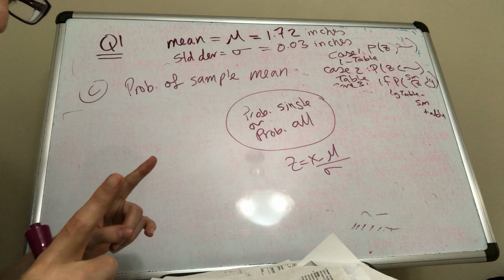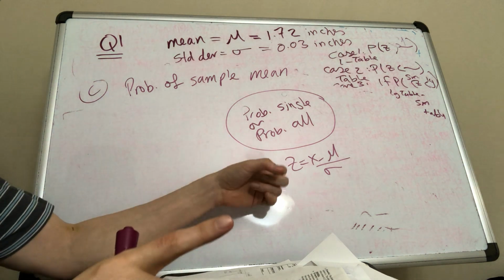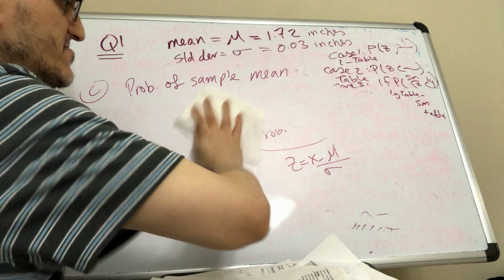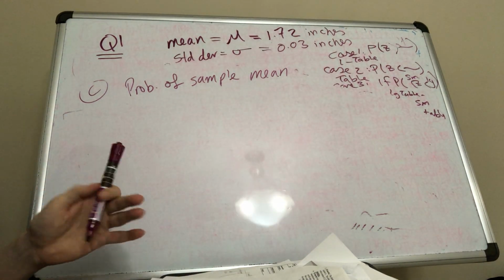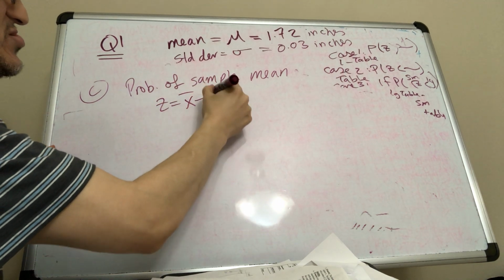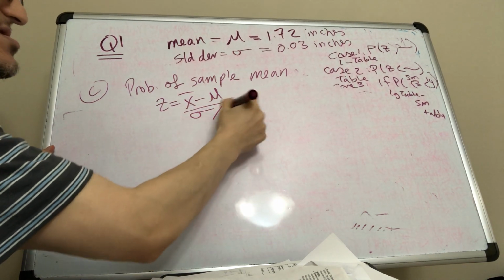So when they talk about probability of single or all, we use this. But this question is asking for a probability of the sample mean. For the probability of a sample mean, we use X bar, mu, sigma over root n.